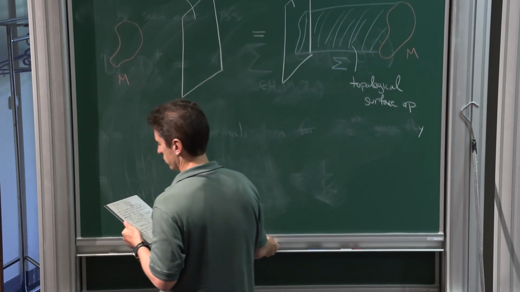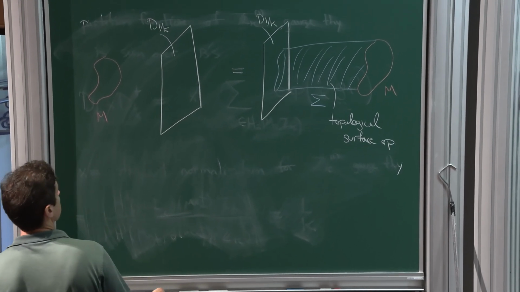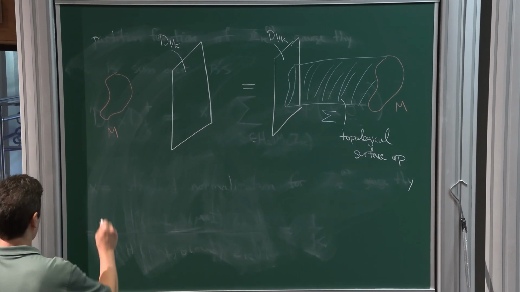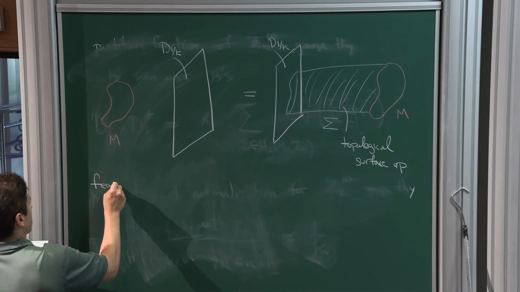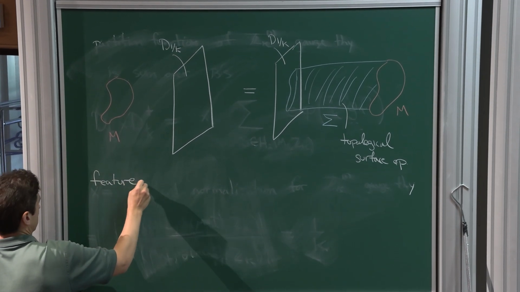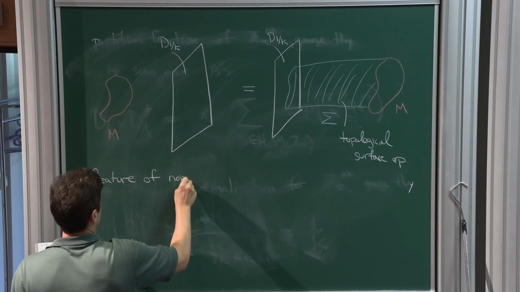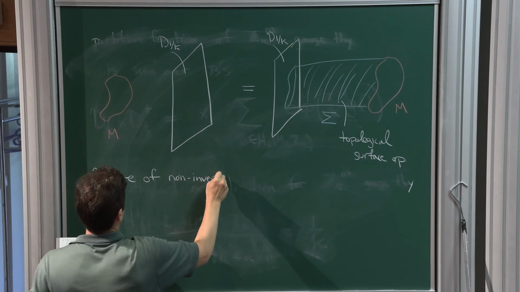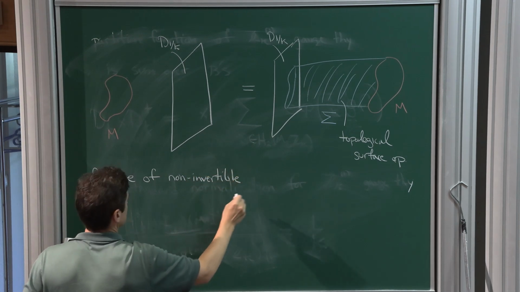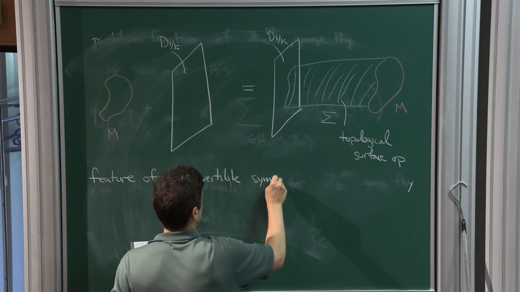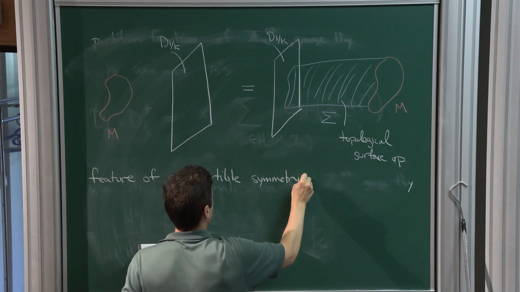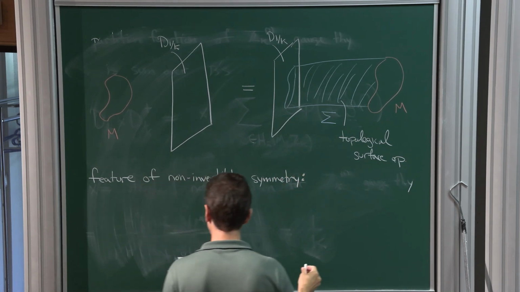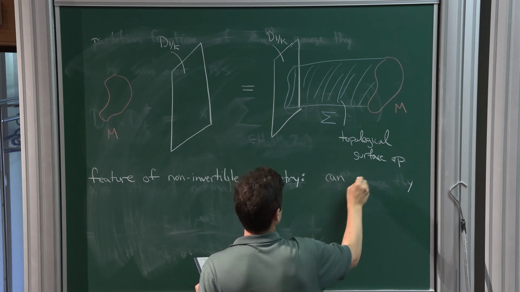Now, this is a weird picture, especially if you've never seen non-invertible symmetry before, but I'd like to advertise a general feature. A feature of non-invertible symmetry is that it can change the type of operator.